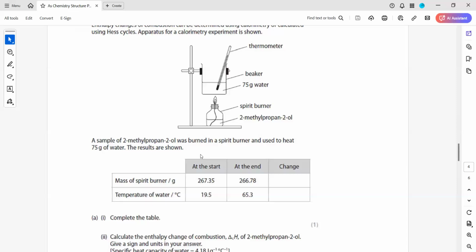Any doubt in question 5? Specific part? 5A2.